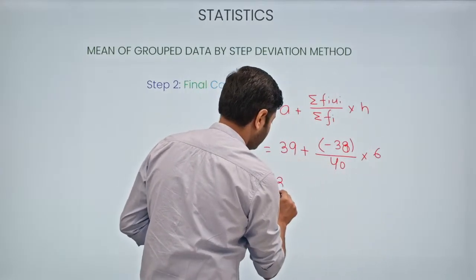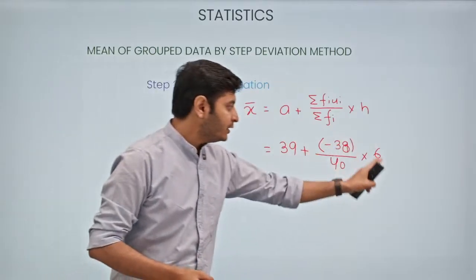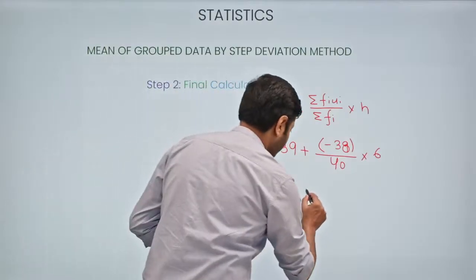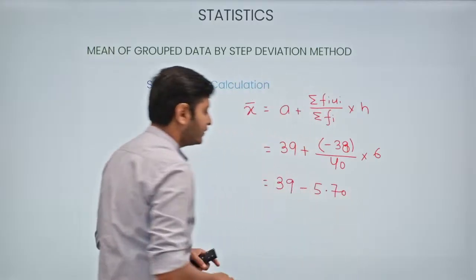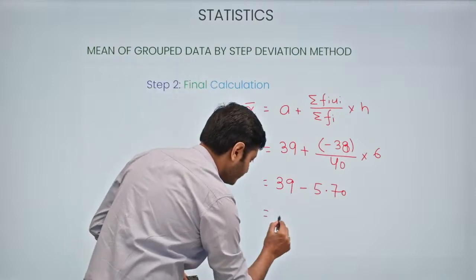Now 39, again we are having a negative value. So after calculating this, you are gonna end up with 5.70, but a negative value. And after finding the sum, your answer would be 33.30.